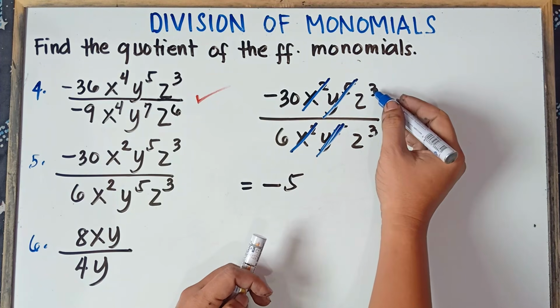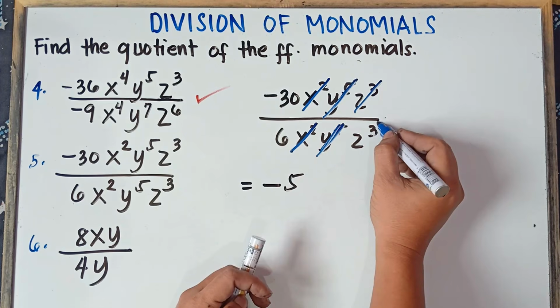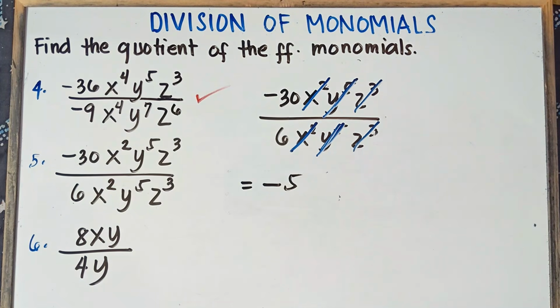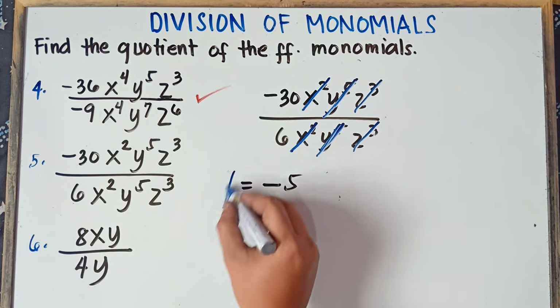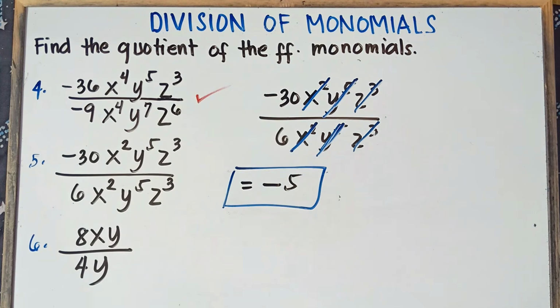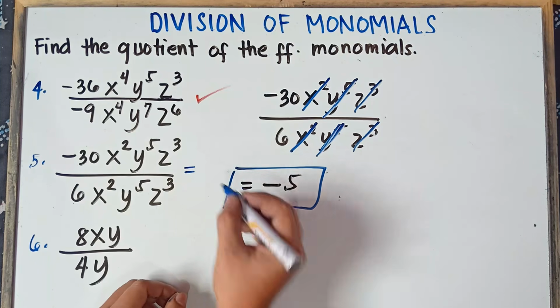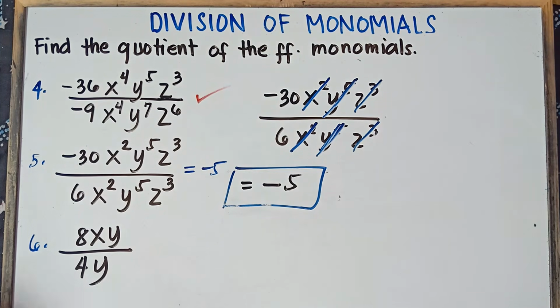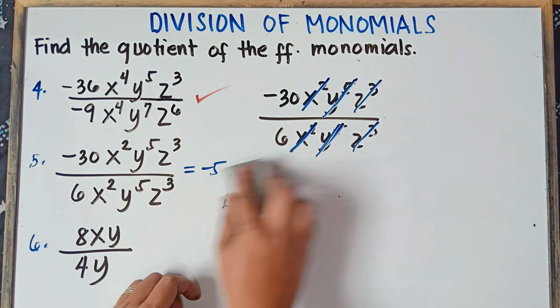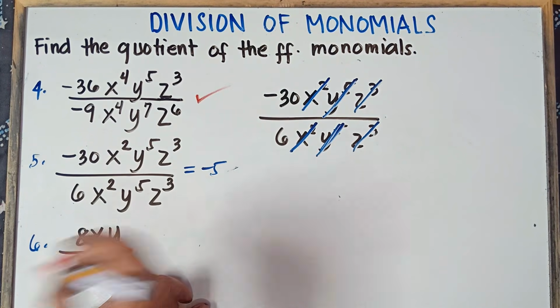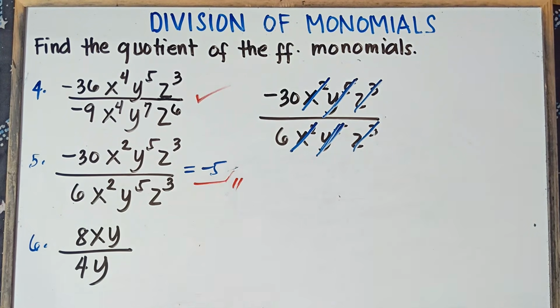And then same, z cube and then z cube, we can just simply cancel this out. So therefore, class, our answer with regards to example number 5 would be negative 5. That's it, class. Very easy, right? All set.